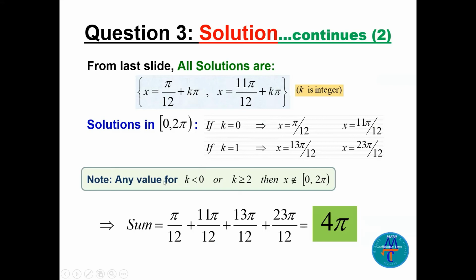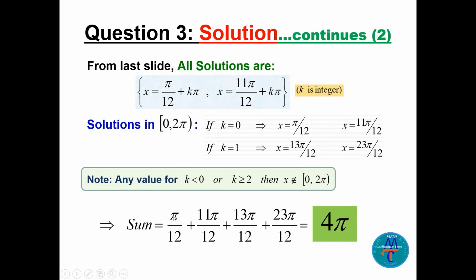Now any value for k less than 0, which is negative, or k equal to or greater than 2, then the angle will not be in this interval 0 to 2 pi. So now the four solutions are there.